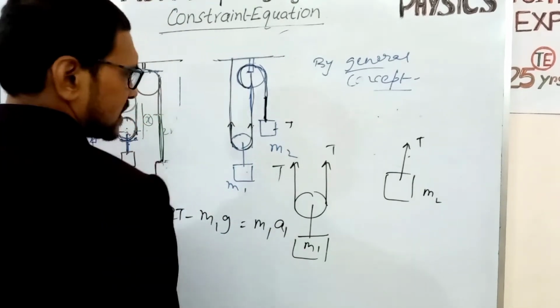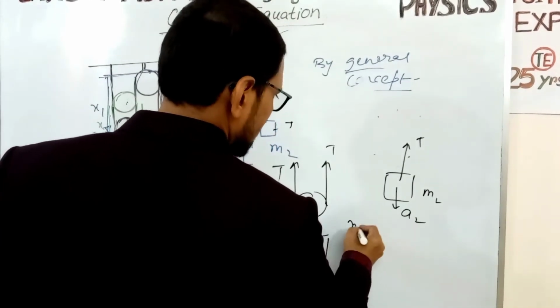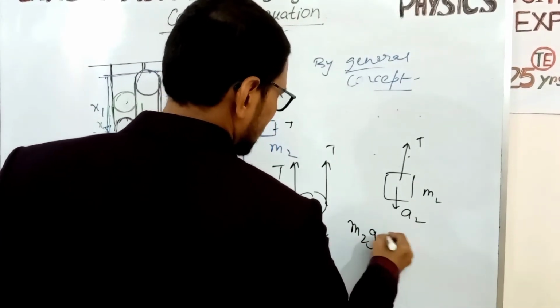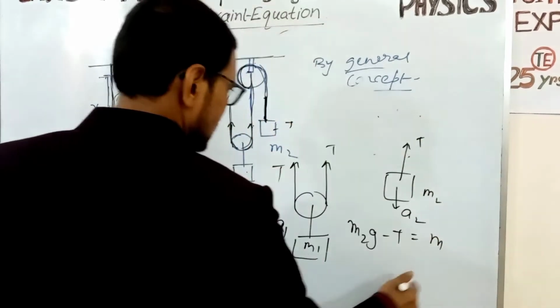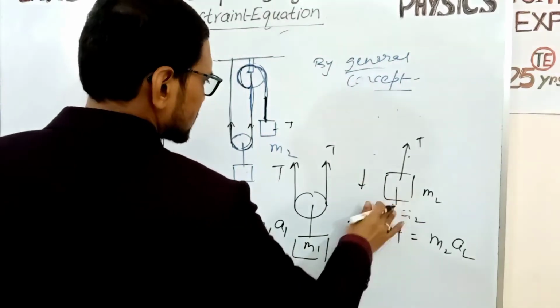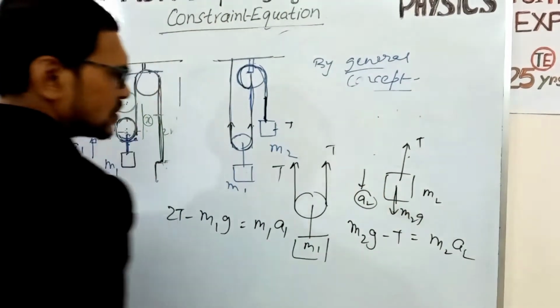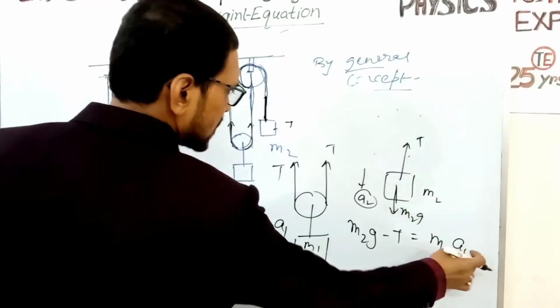Suppose this is A1 and this is A2. For the equation of this block, which moves downward, M2G is the weight and the acceleration is A2, so M2G minus T equals M2 A2.